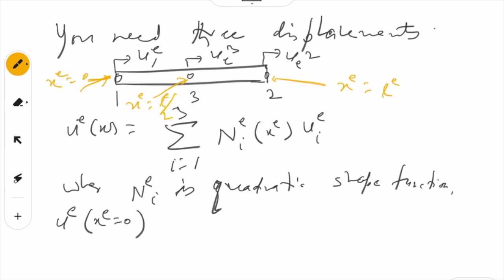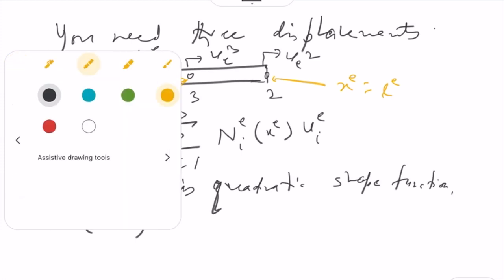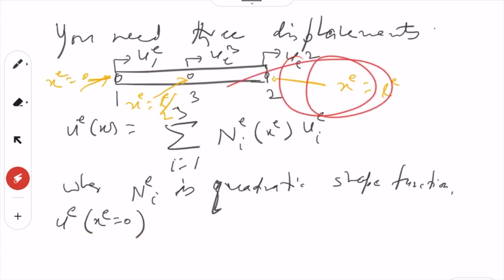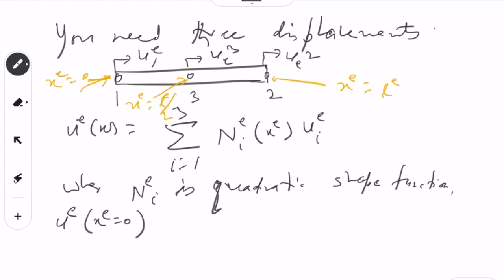Hence, we can make 3 equations from here. We can accordingly find out the values. We can have like this.